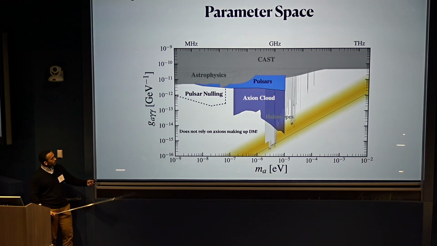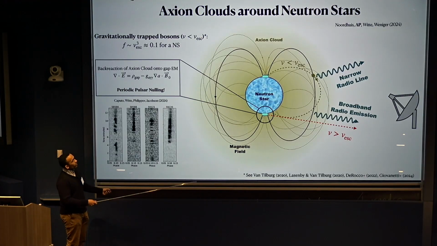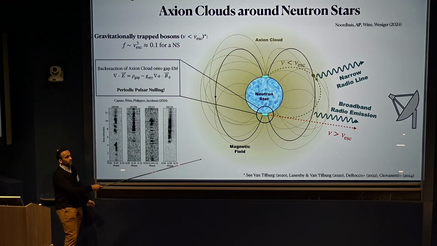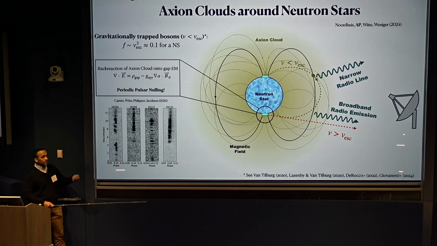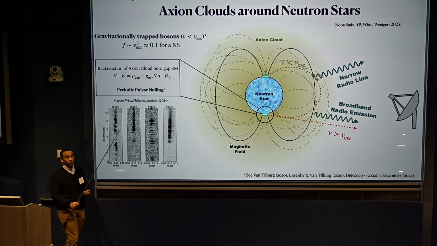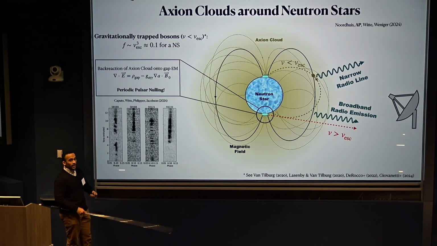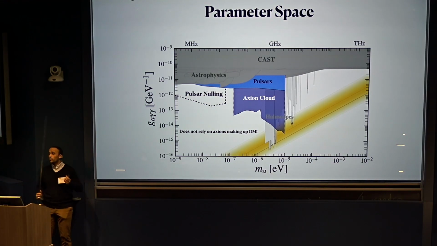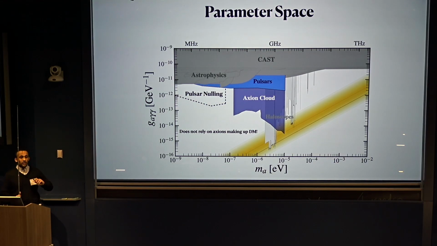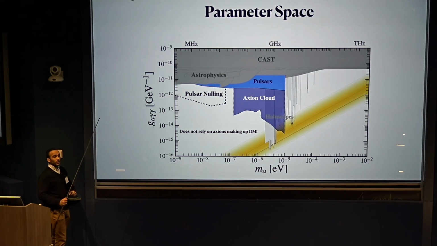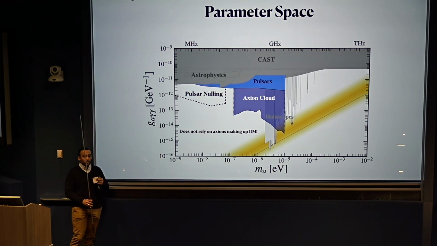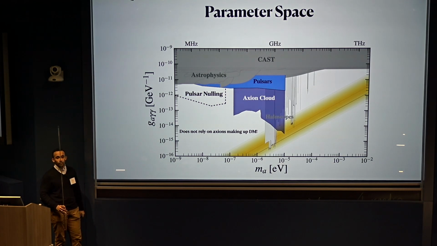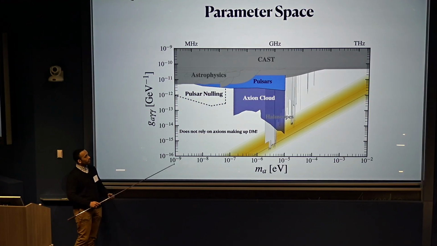So I neglected to mention that one of the consequences of having an axion cloud is that it's dissipating in the form of narrowband radio emission. And this is basically set by kinematics. And so what you expect is a continuous narrow radio line coming from any active pulsar. And this radio line should be, again, quasi-isotropic, not really beamed like the standard pulsar radio emission.